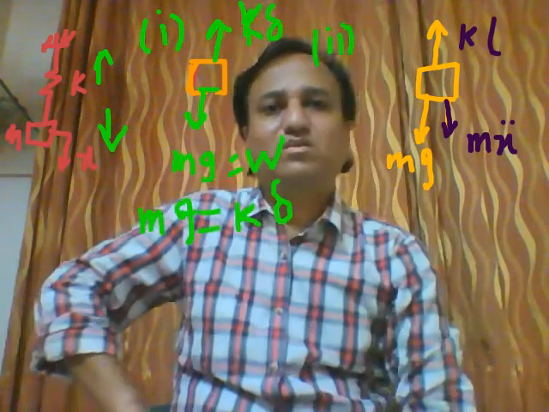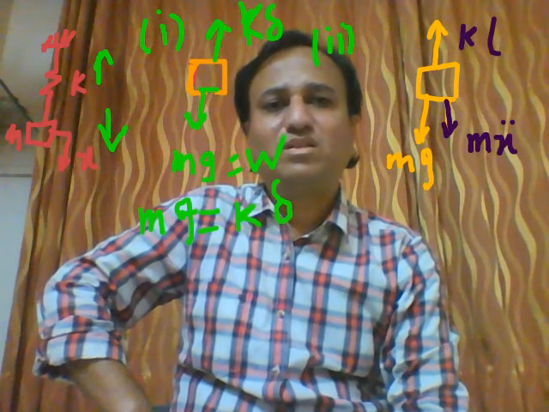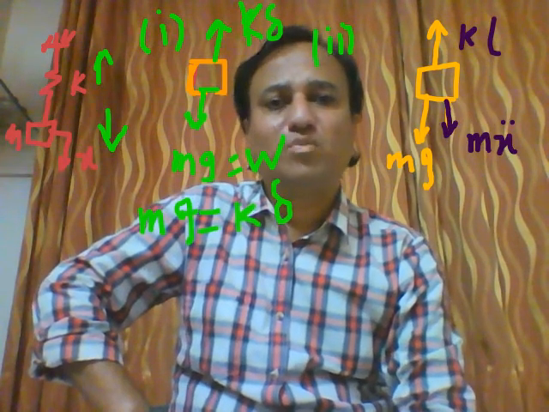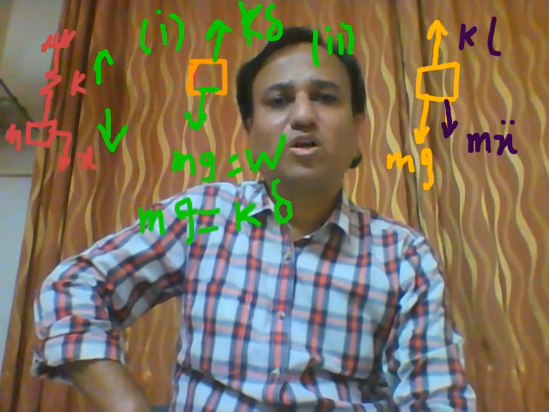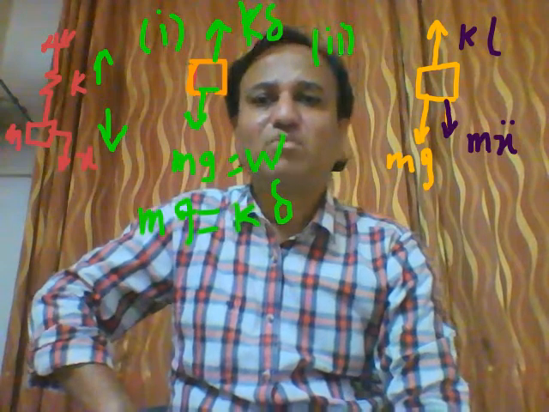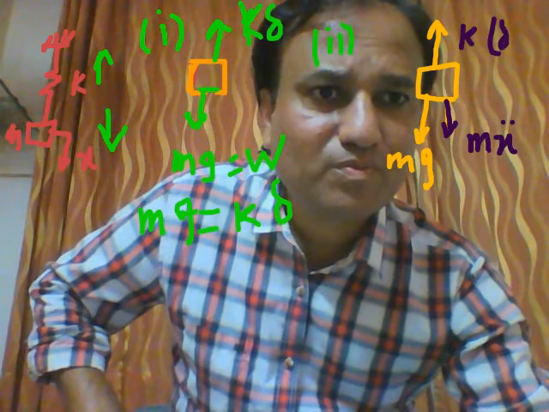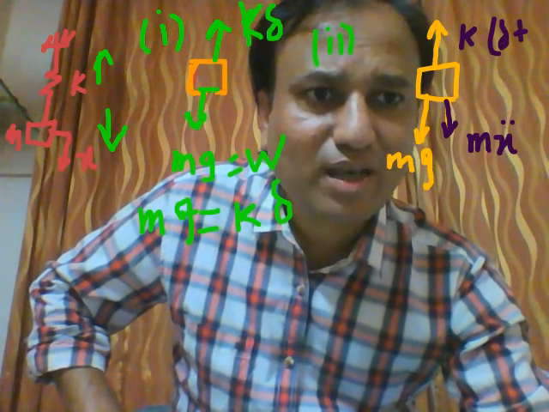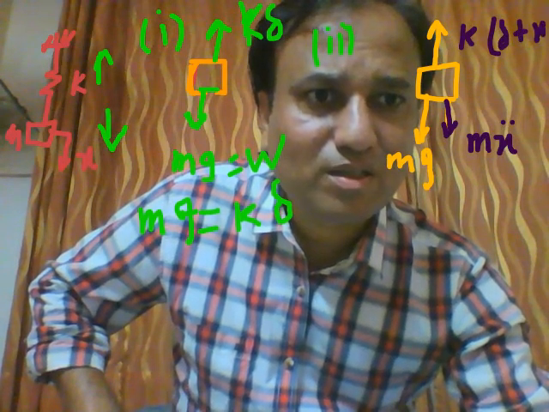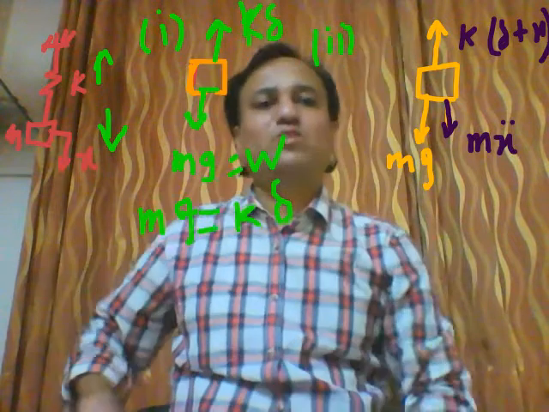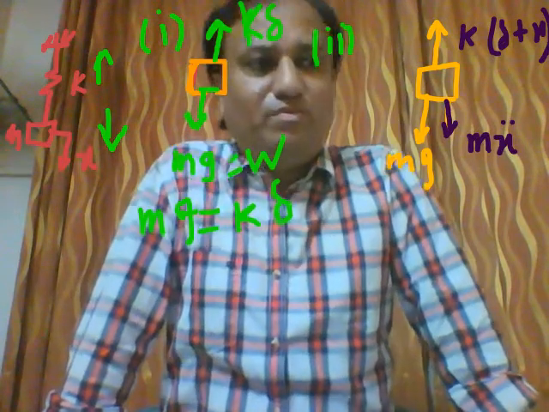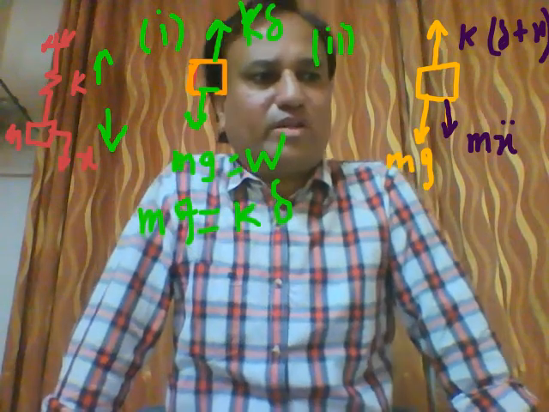Now the system or mass is moving, so along with static deflection there will be a certain deflection of the body, that is x. So k into delta plus x will be the spring force, that is total deflection delta plus x, student, okay?